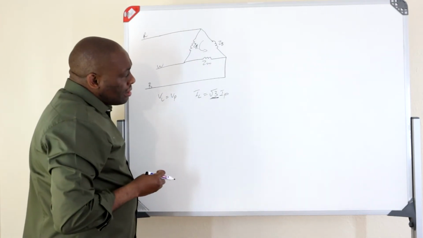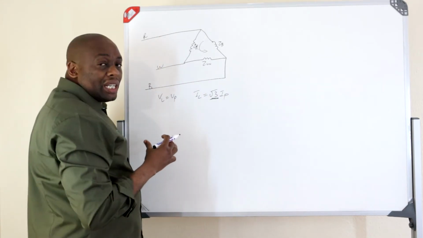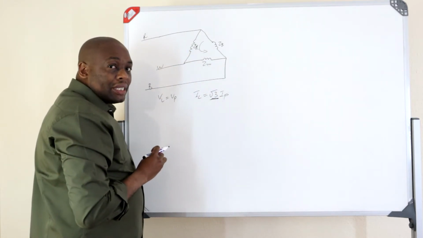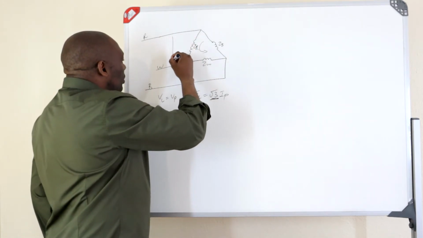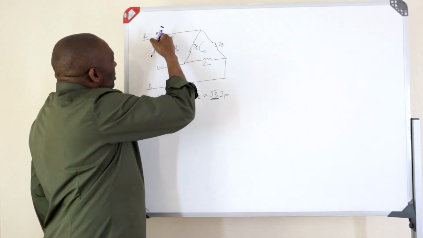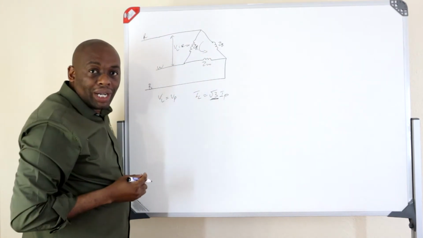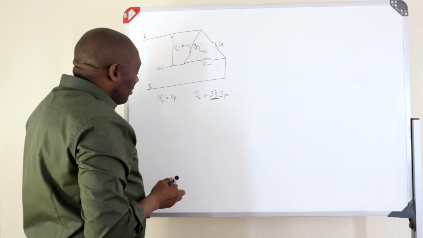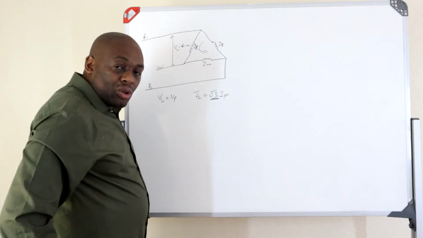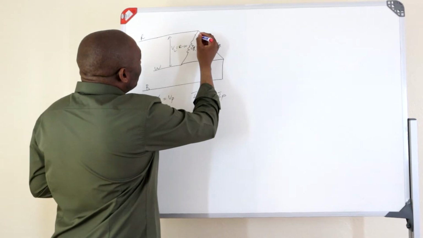In our previous session, we said that our line voltage is the voltage that is measured between two lines. Therefore, in this case, we will be choosing our red and the white line. So this will be our V line, that we measure between two lines, that is red and white line. And then our V phase is the voltage that is measured across the phase impedance. Therefore, this is where we measure V phase.